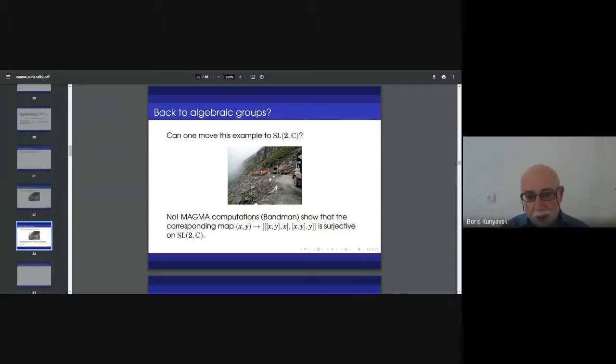Tatiana Bandman made Magma computations showing that the corresponding map in the group SL2 is surjective. Here I emphasize the difference between the two cases by changing capital X and Y to small x and y. Small letters correspond to the group case. So our map is surjective on SL2. That's the picture.